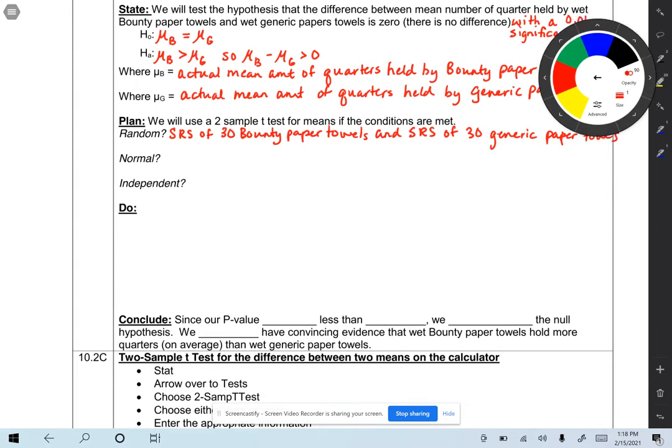Normal condition, you must show both normal conditions. So definitely 30 is greater than or equal to 30 for Bounty. And 30, thank God, now we don't have to graph it.